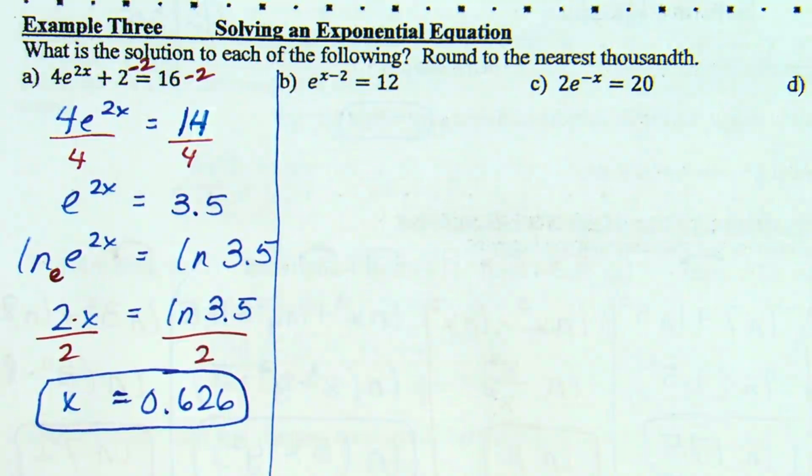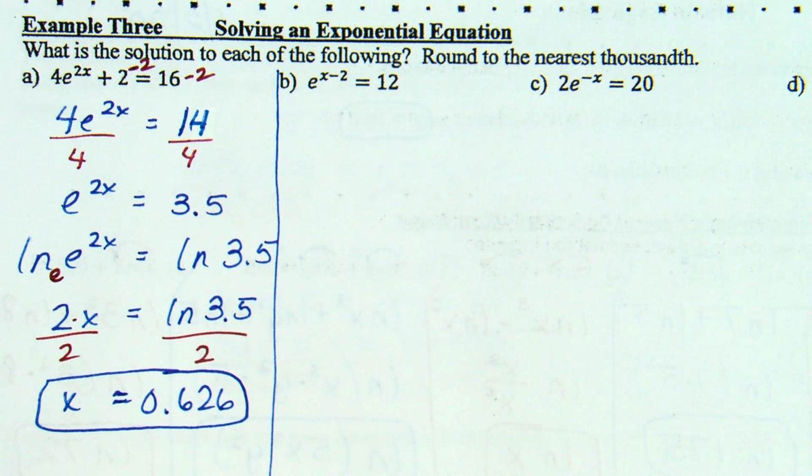Okay, let's do it. e to the x minus 2 equals 12. What is the step you're taking? Okay, can we jump right into taking the log of both sides? Yeah, because e to my power is already by itself.